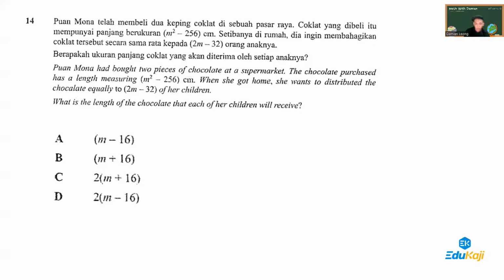So they want the length of chocolate that each of her children will receive. Basically, it's the length of chocolate divided by number of children, which means it's m squared minus 256 divided by 2m minus 32. So I need to simplify this.